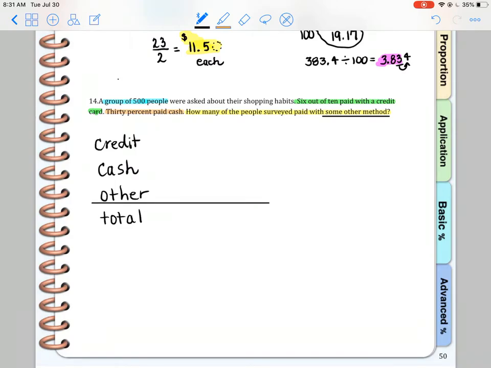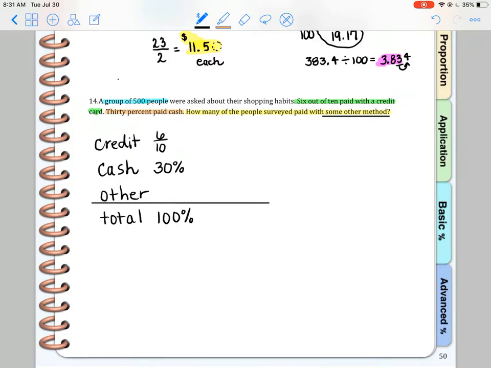So credit, 6 out of 10 paid with a credit card. Cash was 30%. And then other is what we're trying to find. We know that 100% would be our total.